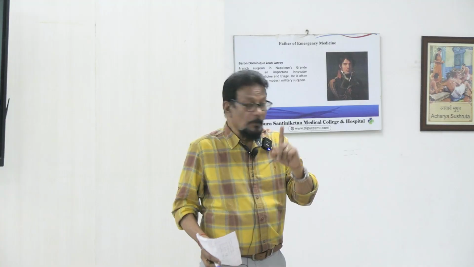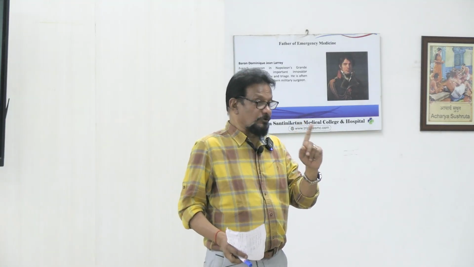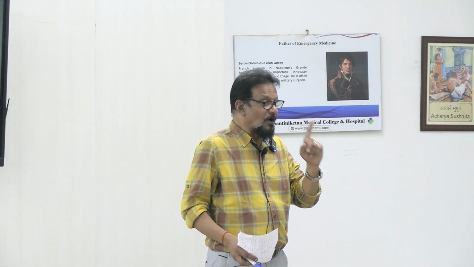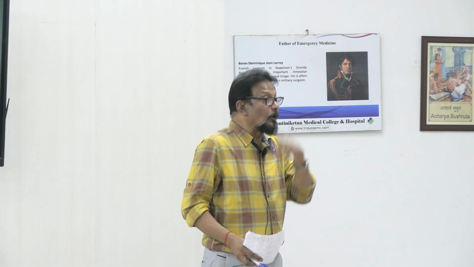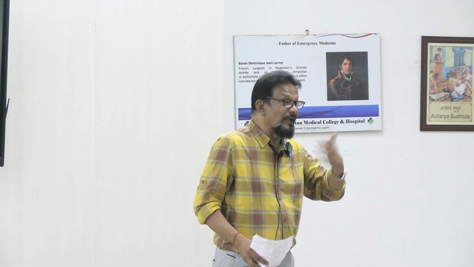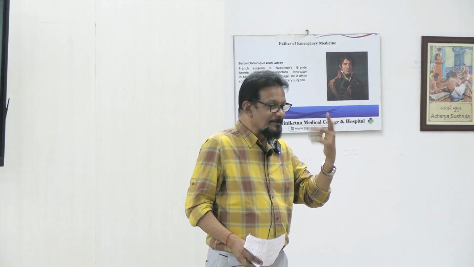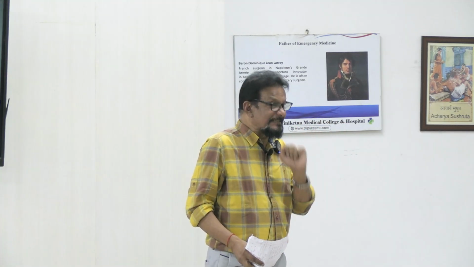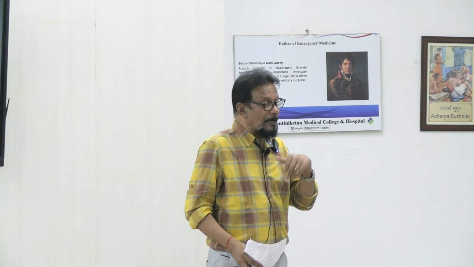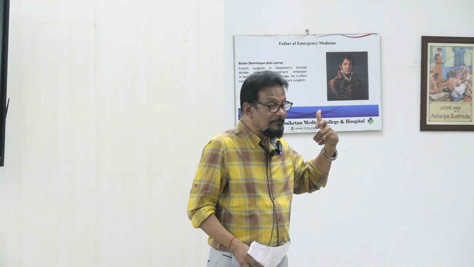Do you know, three-fourths of your total blood always remains in the veins. If you are having 6 liters of blood, how much blood will be retained in the venous system?